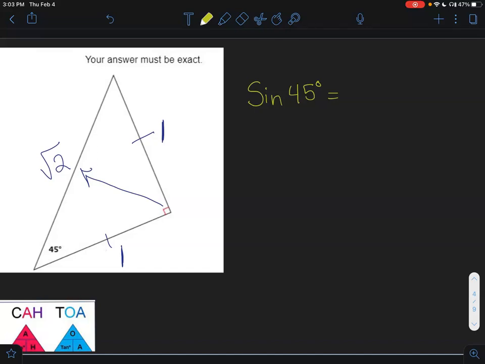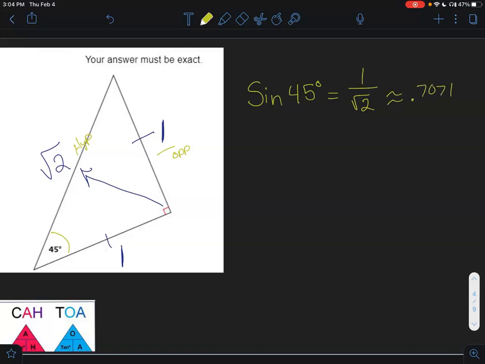So the sine of 45, so again, here's my 45-degree angle. Opposite of 45 is 1. And the hypotenuse, which we've already identified, is the square root of 2. Now, if you plug that into a calculator, you would get the rough number of .7071.